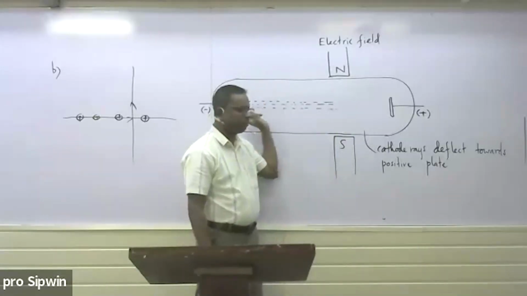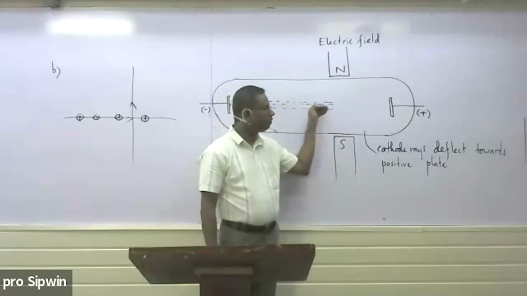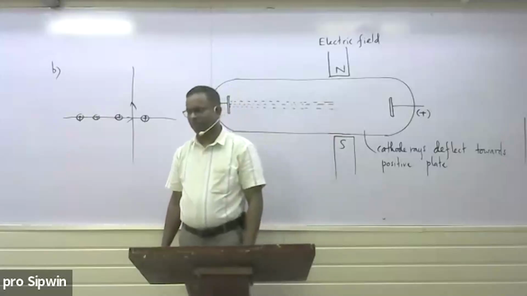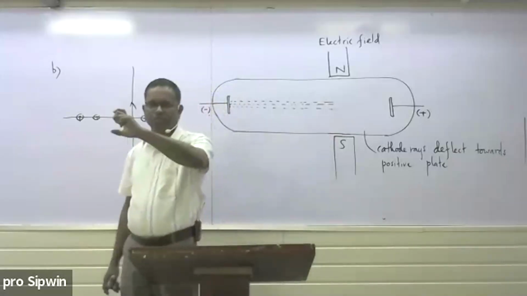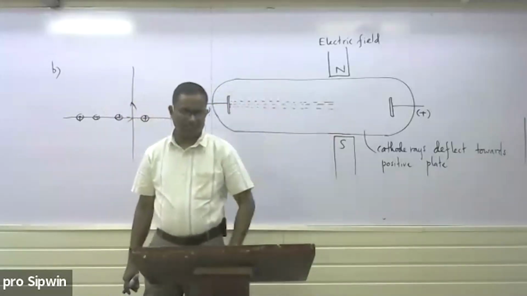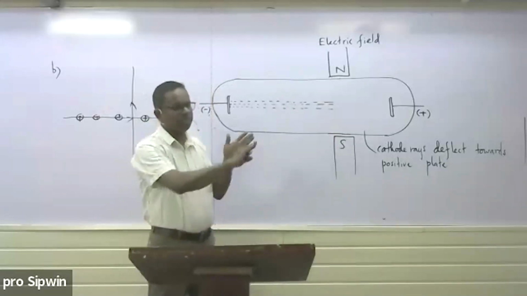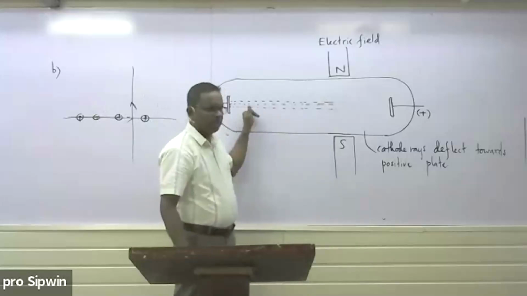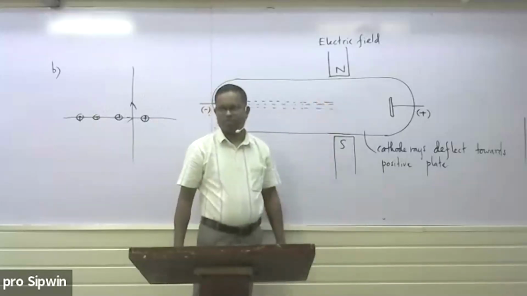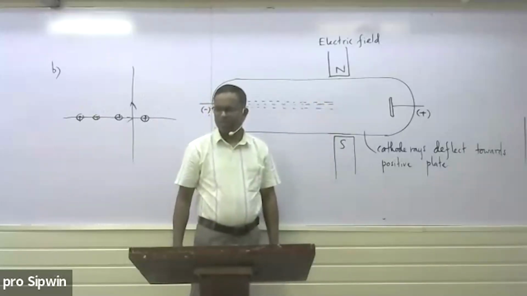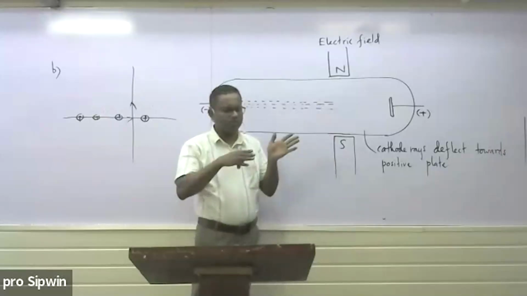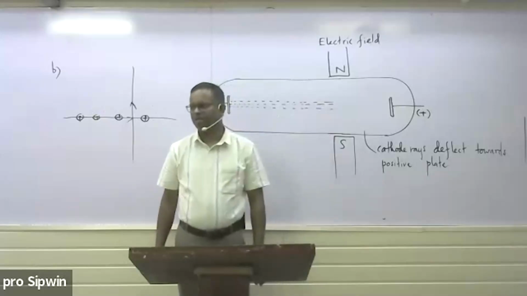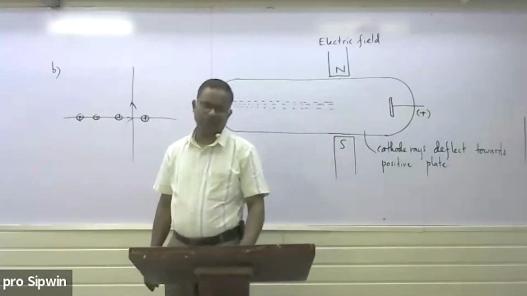Then when cathode rays are allowed to pass, if they also deflect in the same direction, that confirms these are negatively charged particles.